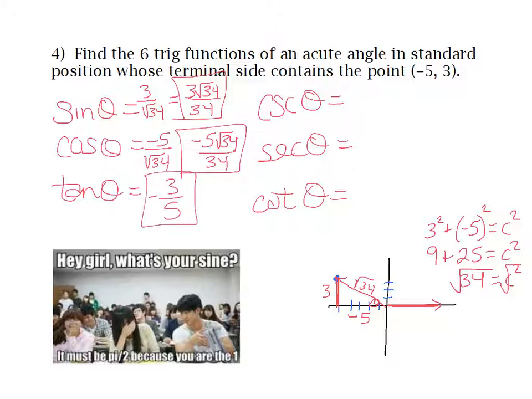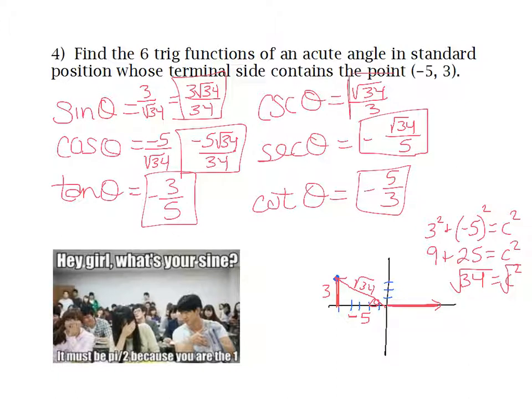And then we just go through and we flip all of those to do the reciprocals. Root 34 over 3, negative root 34 over 5, and the cotangent would be a negative 5/3. Those reciprocal functions keep the same signs as their regular function does.